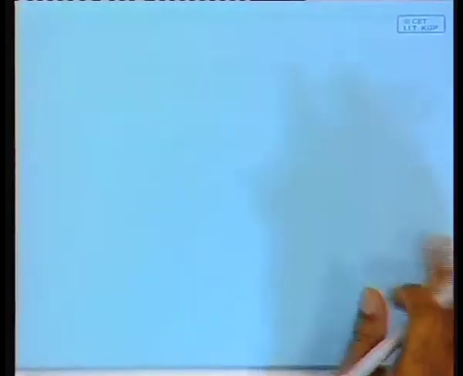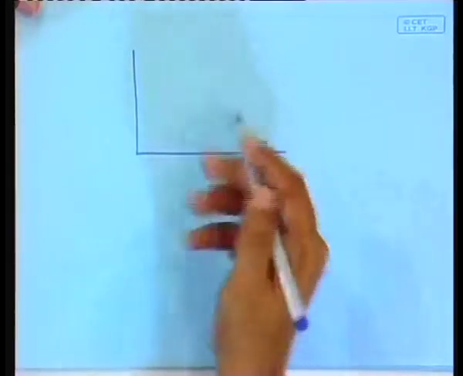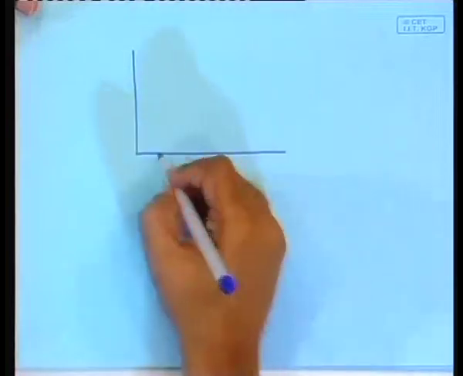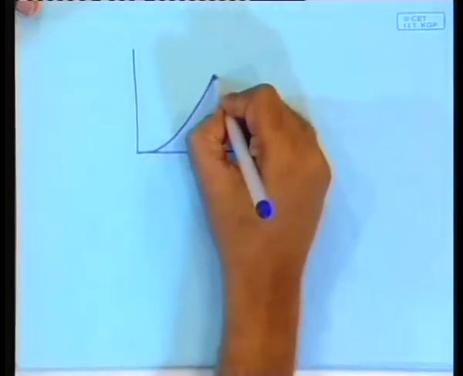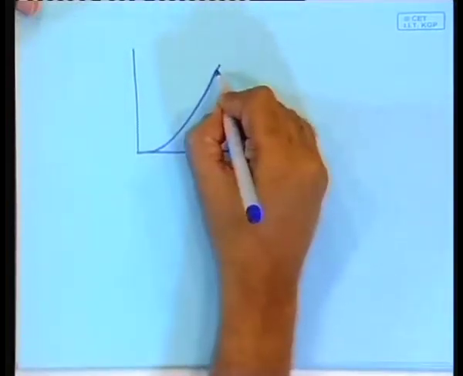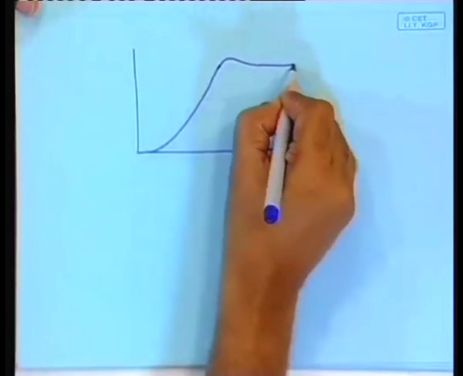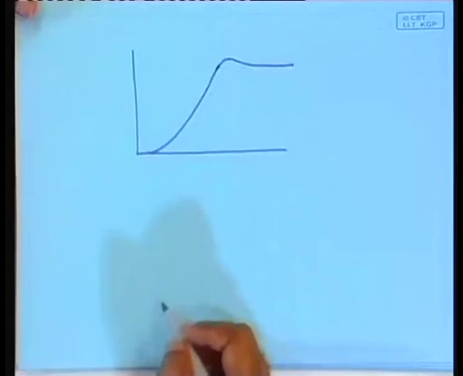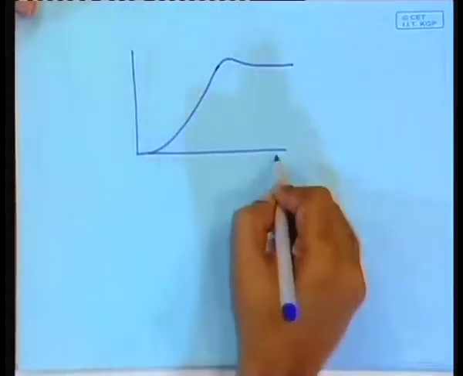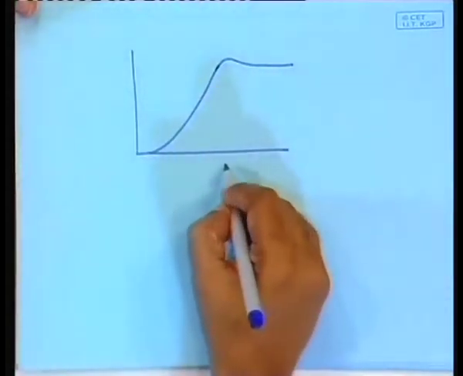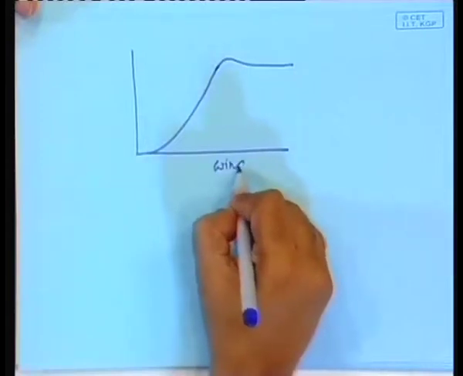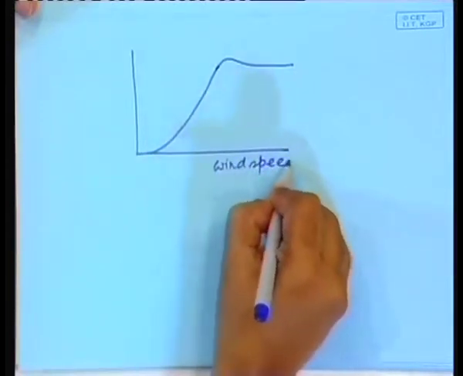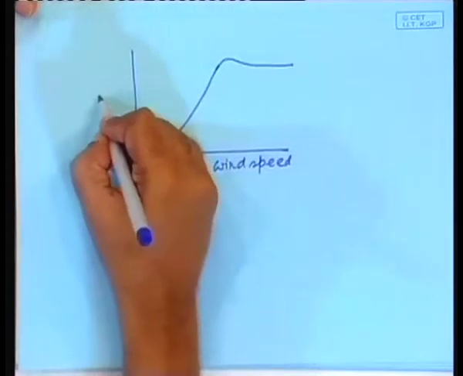If you have the active stall control or the passive stall control, the energy output will be something like this. You want it to be flat here, but it becomes something like this. So here it is the wind speed, and here it is your power.